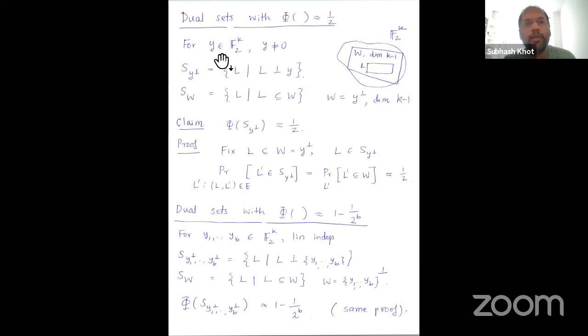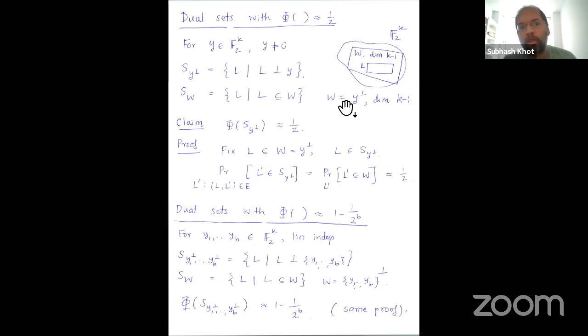For these dual sets, what you could do is again pick a non-zero point y in the whole space, and let S sub y perpendicular be all those L's which are orthogonal to y with respect to the vector product over GF2. Or y orthogonal, it really amounts to a hyperplane W. So it's really the same as saying S sub W.